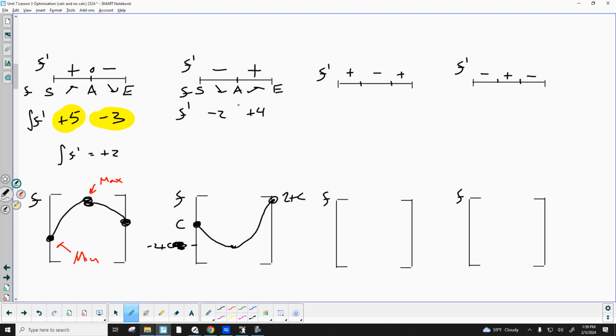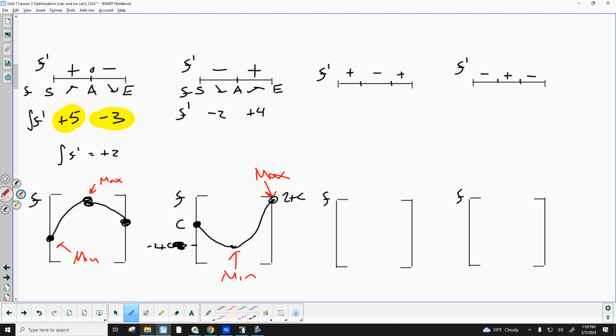The overall change in my function is 2. So through that analysis, we knew that the start had to be the min, but now we know that this endpoint has the max, and the only way I can figure this out is by analyzing my displacement, however I find my displacement.